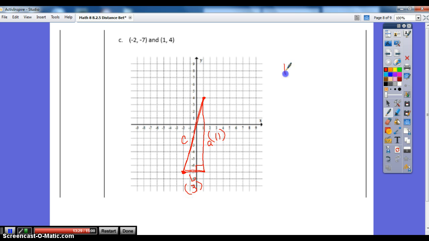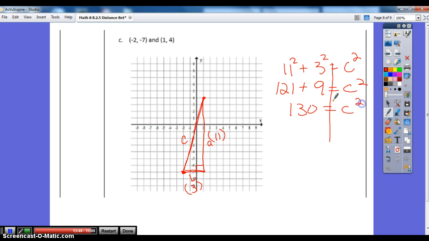So you're going to have 11 squared plus 3 squared equals C squared. So 11 squared was 121 plus what's 3 squared? Not 6, but 9 equals C squared. So we get 130 equals C squared.